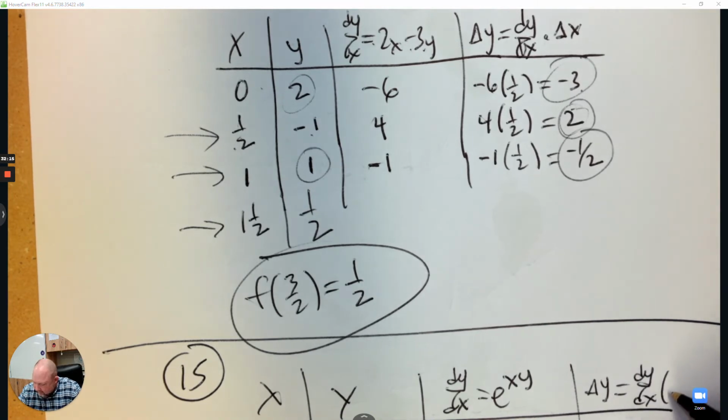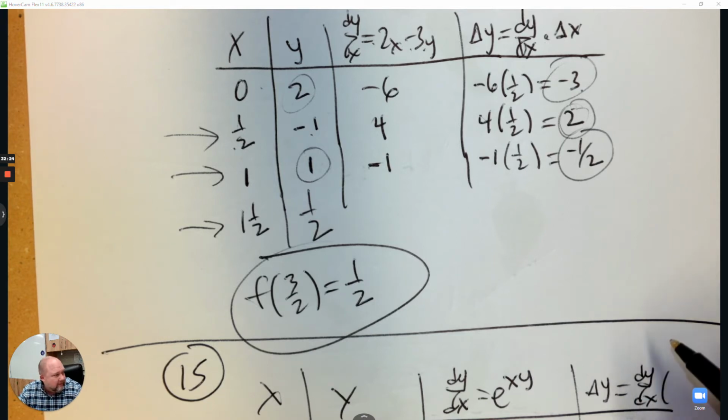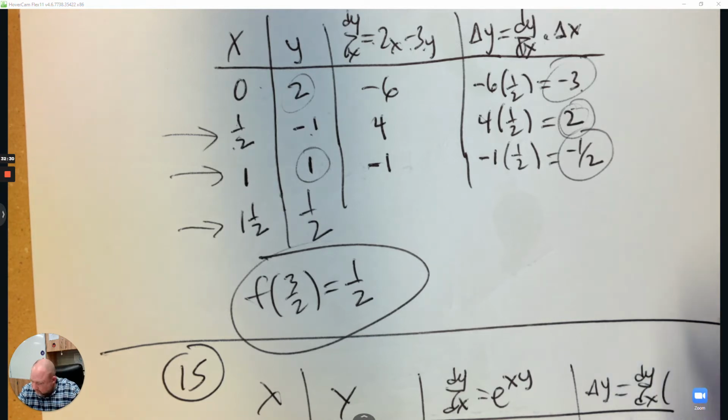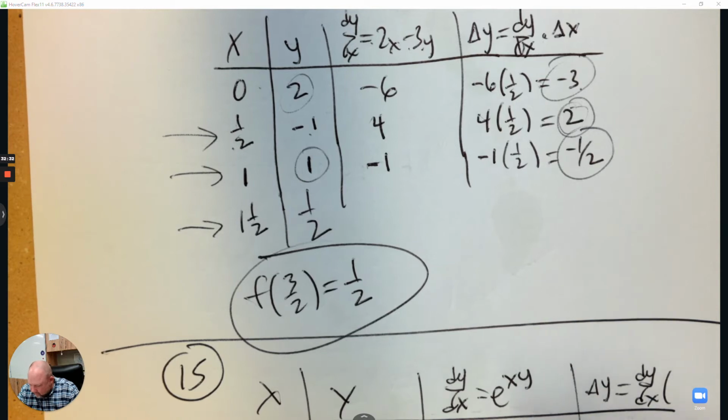And the steps are, it says use 4 steps to approximate 0.8. So if I start at 1 and I use 4 steps, does it tell me what my step value is? No.